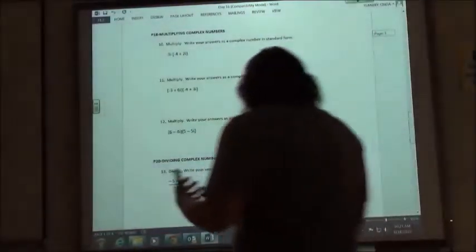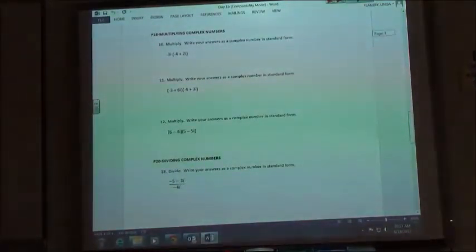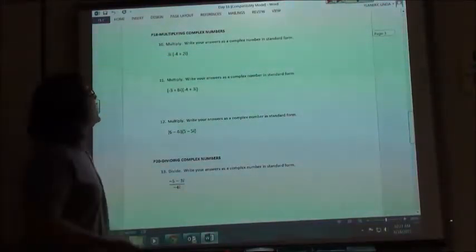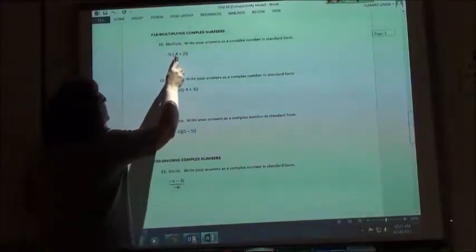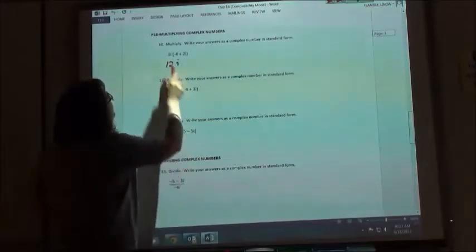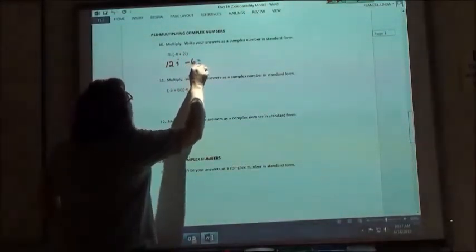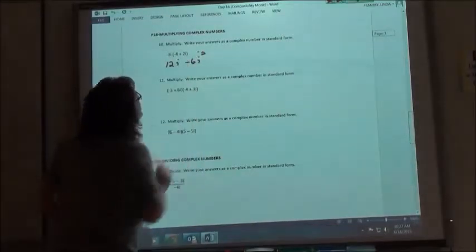The multiplying again, we're going to multiply it out like we would normally with x's. One little thing we want to watch for, if we have an i squared, we're going to substitute in our negative 1 and simplify it further. But first of all, we're just going to multiply it out. So negative 3i times negative 4i would be positive 12i. Negative 3i times positive 2i would be negative 6i squared.